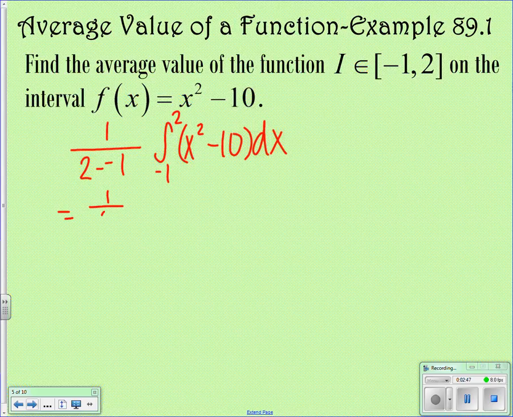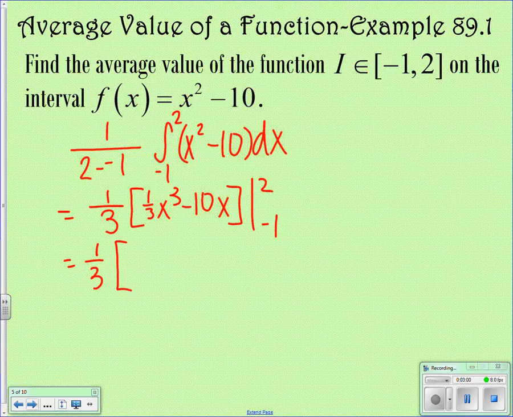We're going to have 1/3 times x cubed minus 10x from -1 to 2. So you're going to plug in a 2, minus, and plug in a -1.